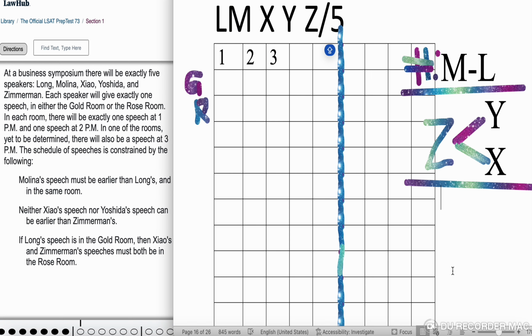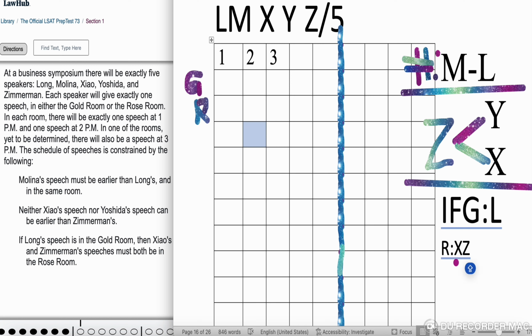Hopefully this condition right here settles the whole lot. If L's speech is in the G room, then X and Z's speeches must be in the R room. So I'm going to put R, and then I'm going to put X, Z, and some symbols on there, to see if it helps out.